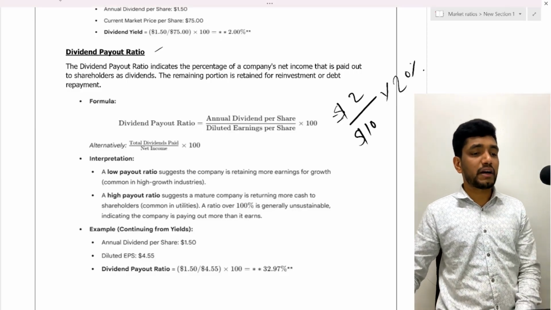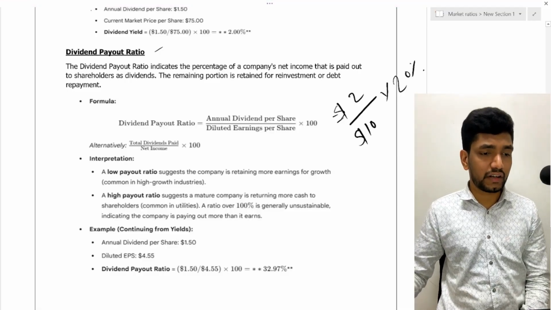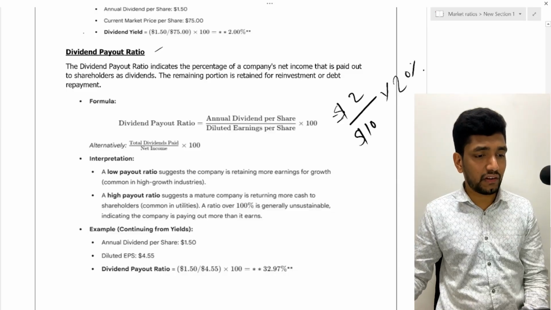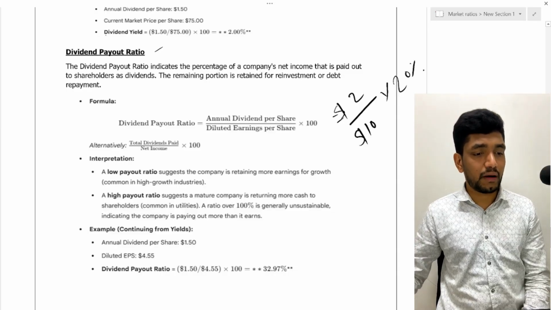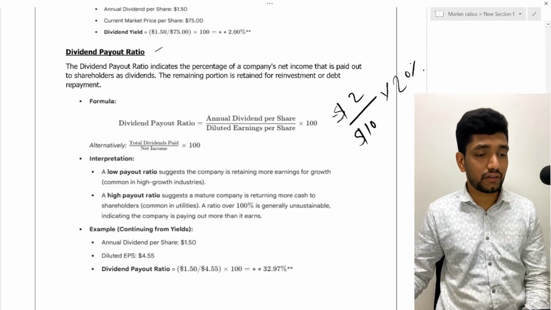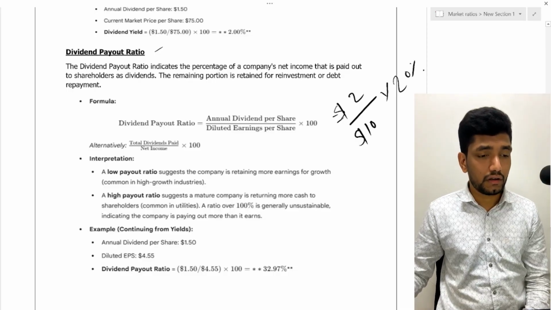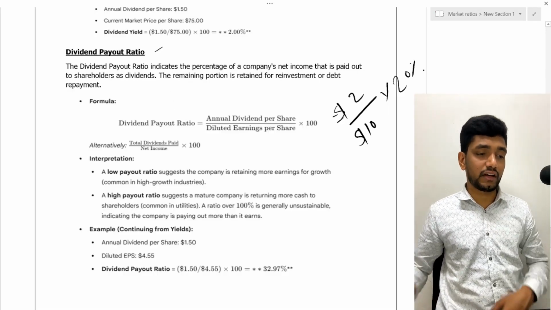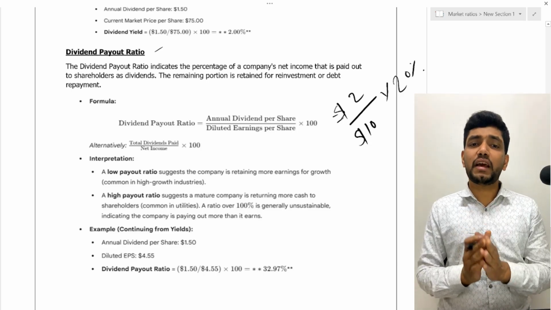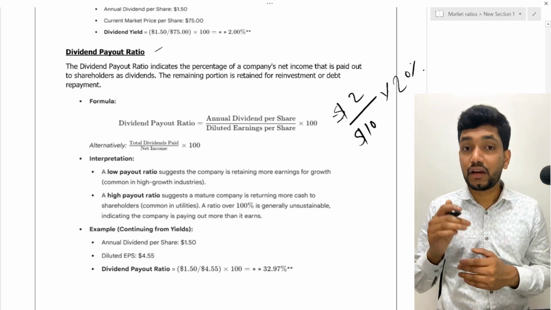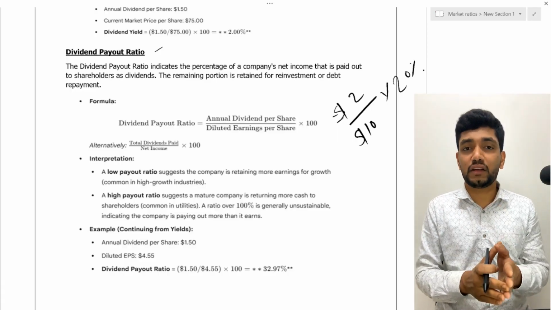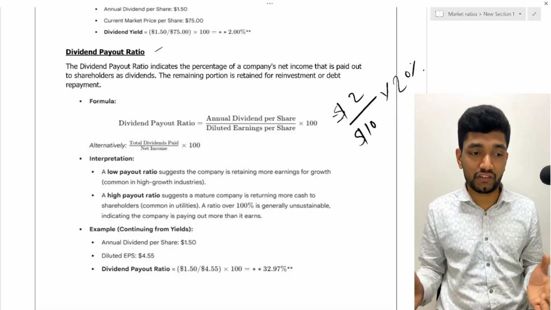Normally, a low payout ratio suggests that the company is retaining more earnings for growth. A high payout ratio suggests mature companies returning more cash to shareholders. A ratio over 100% is generally unsustainable, indicating the company is paying out more than it earns. A low payout ratio means the company is earning a profit but retaining it in the business for future expansion.